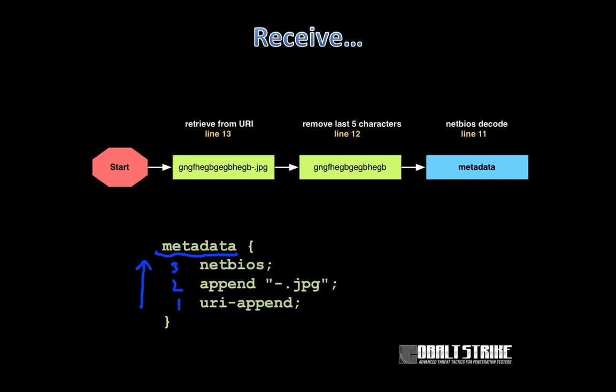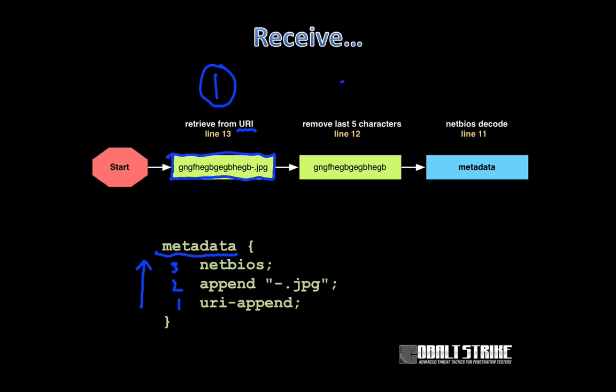So let's go ahead and start. First, step 1 is to retrieve our encoded blob from where it's stored in the transaction. So in this case, that's in the URI. So we strip this thing off of the URI. And so we've got that.